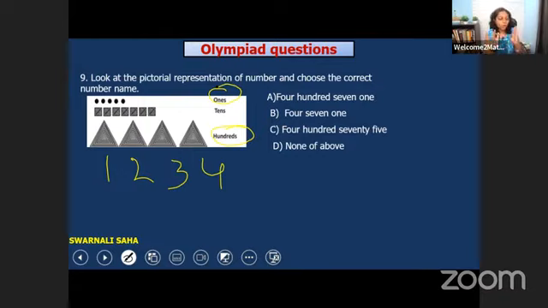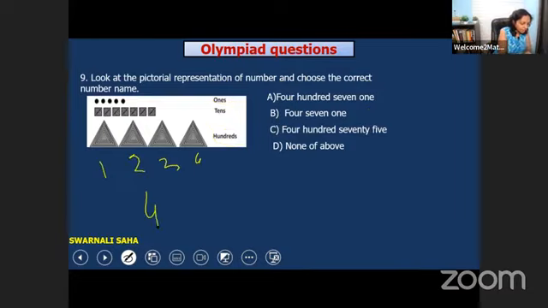So we have to find out which would be the right one. There are 4 options here. First is 471. They are saying 471, then 471, then 475 and none of the above. So which would be the answer? Can you tell me? 475 would be the answer because here we have 1, 2, 3, 4. 400. So 400s.